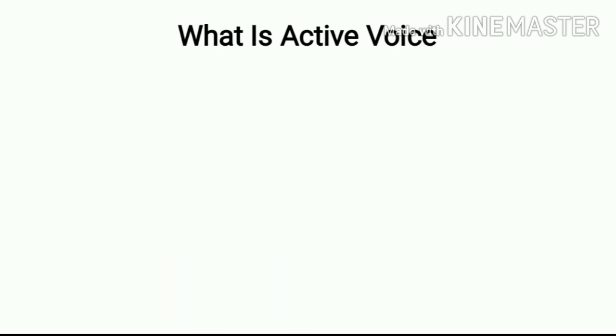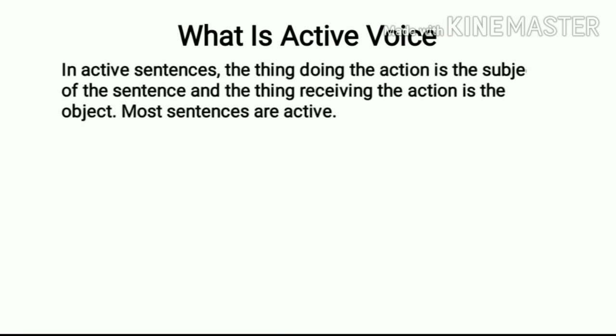What is meant by active voice? We will discuss this at the beginning. In active sentences, the thing doing the action, that is the subject of the sentence, and the thing receiving the action, that is the object of the sentence.